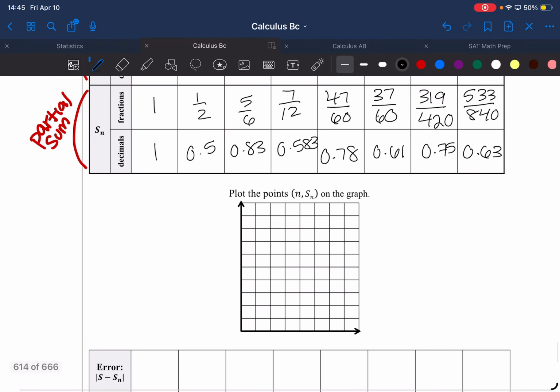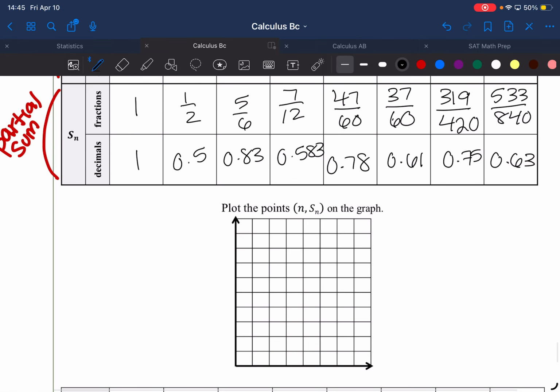Okay, so if I was to label my axes, I would label my y by 0.1 all the way until I get to 1. Okay, and again, this is going to be s sub n. We're going to treat that as our y value. In the bottom, I can just number by ones, all the way till 8. And this is n.